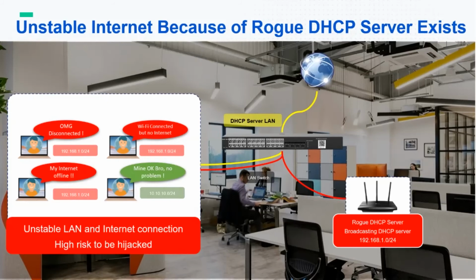Why? Because a rogue DHCP server is providing wrong IP addresses to them. So what can we do? We have to find the wrong DHCP server and remove it from our network. But how can we find it?